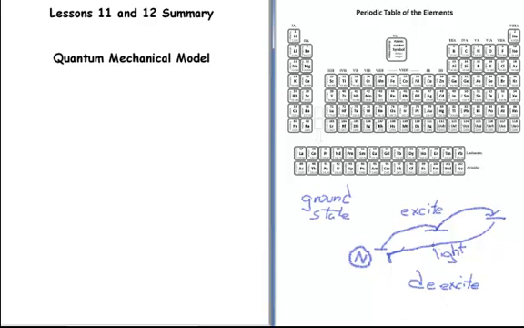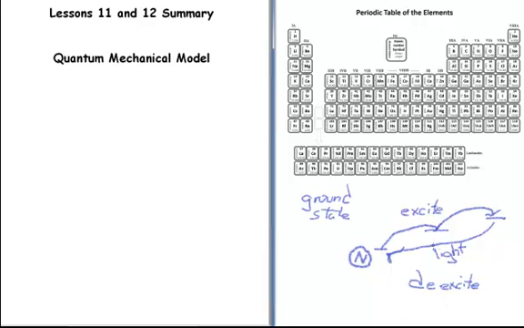And remember that light is not just visible light, but everything in the electromagnetic spectrum, everything from gamma rays and X-rays and UV light to visible light, radar, microwaves, TV, radio. Those waves can be anywhere in that range.